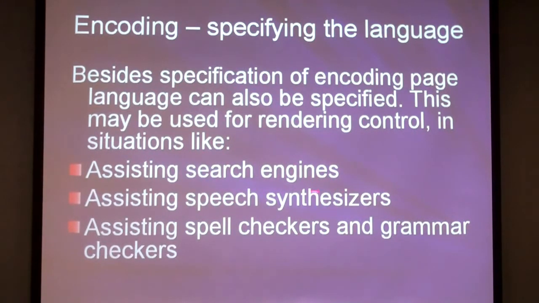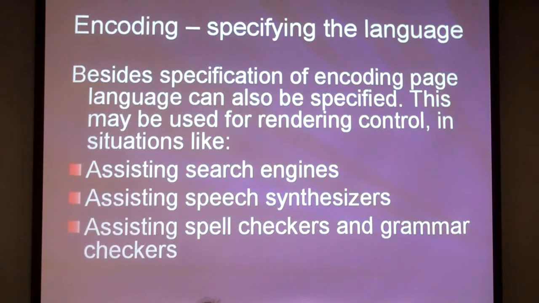Speech synthesis is very important because some people with disabilities cannot read web pages, but they can hear. So they go to the web page and turn on an application which starts to read the page loudly. Now, if the page is not in English, then they have problems with synthesizing. This is very easy to create. Microsoft provides an SDK for doing that, but it's essential for these people.